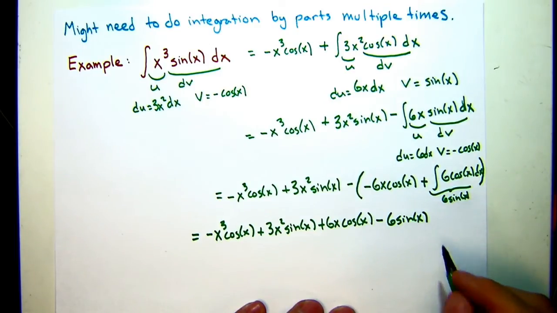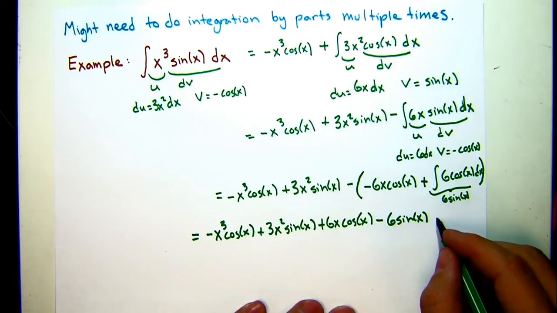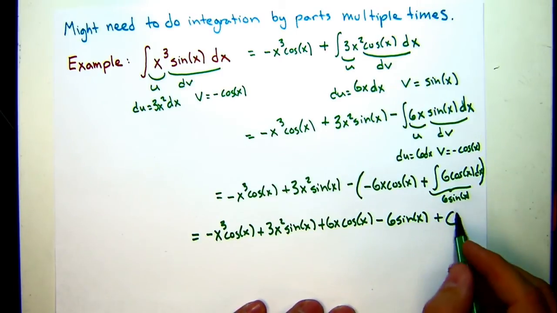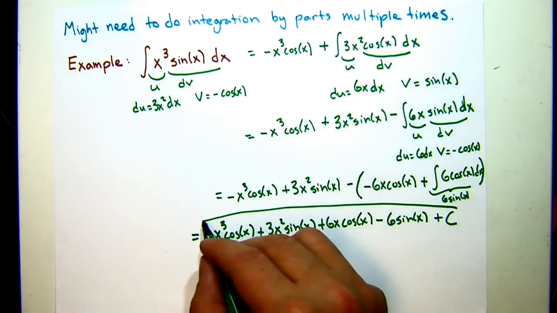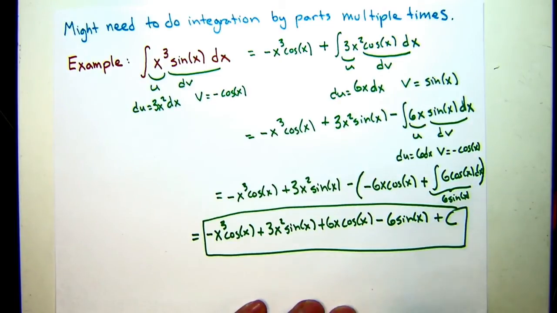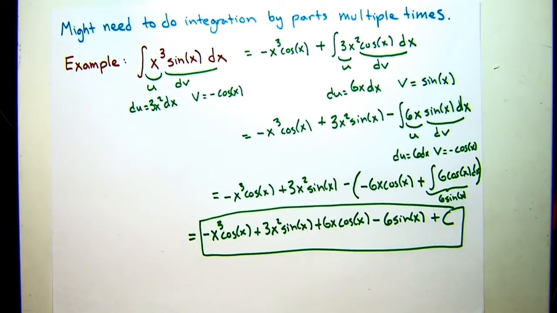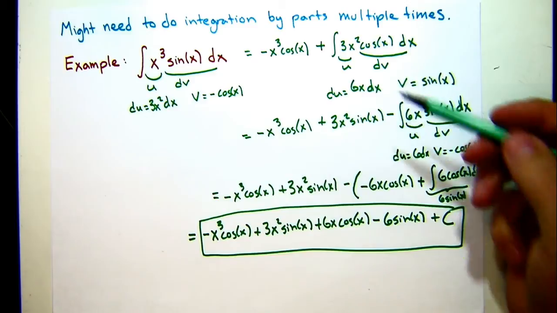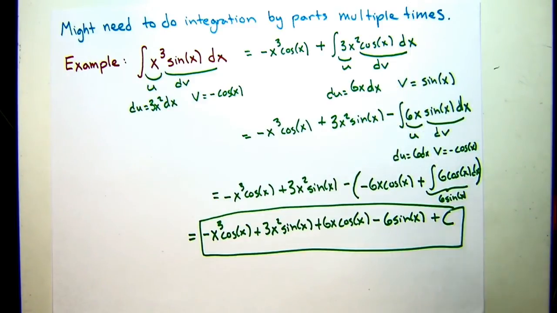So minus 6 sine of x, and finally plus c. All right, always remember your constants. Okay, so you can see the philosophy here. It's just we have that x cubed and we're just chipping away, and eventually we get to the point where, look, there's no more x, and now it's a straightforward integral.